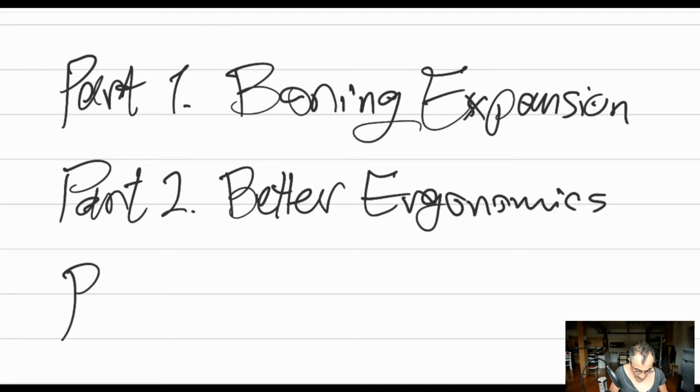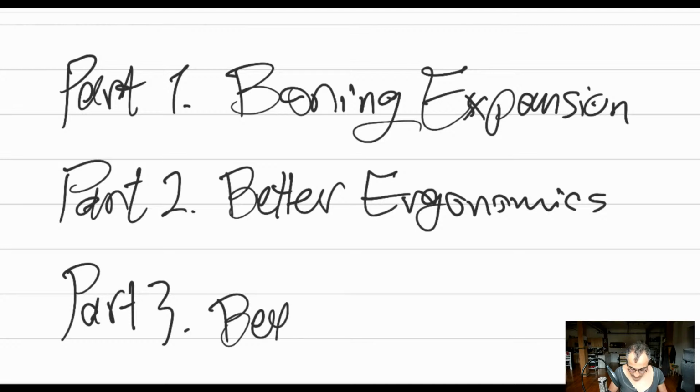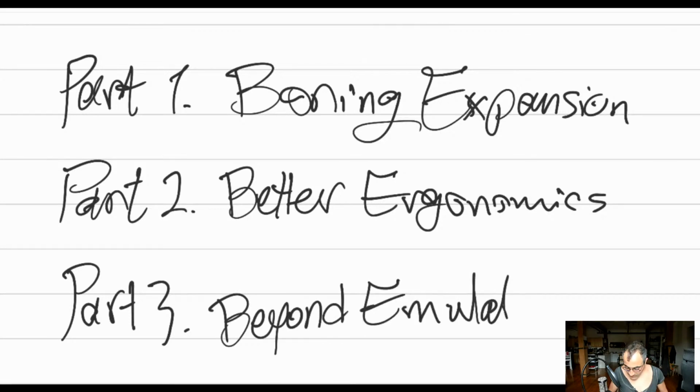And part 3 is beyond emulation. That's also partially why I call this better font formats, not format. The first part is purely about expanding what we have right now.